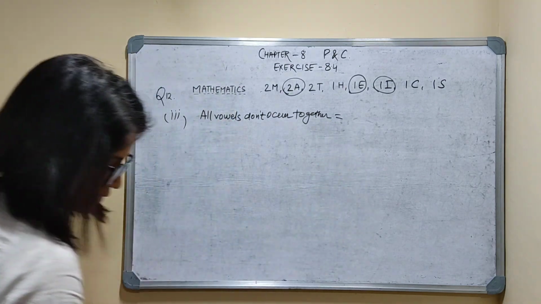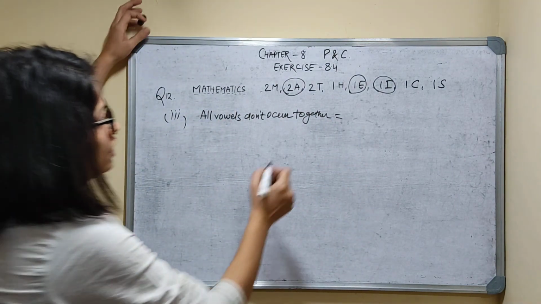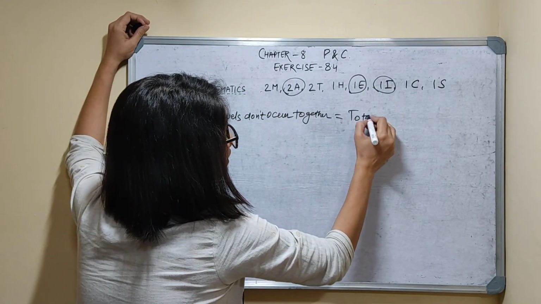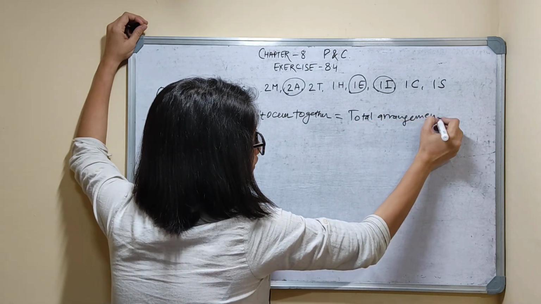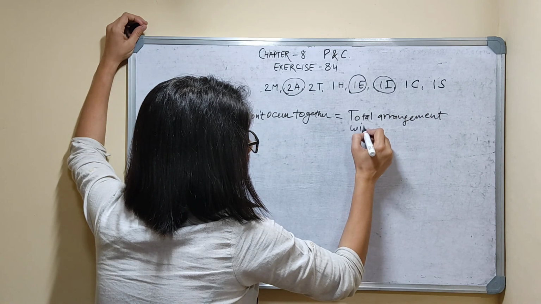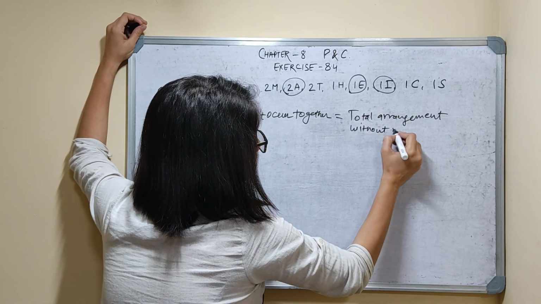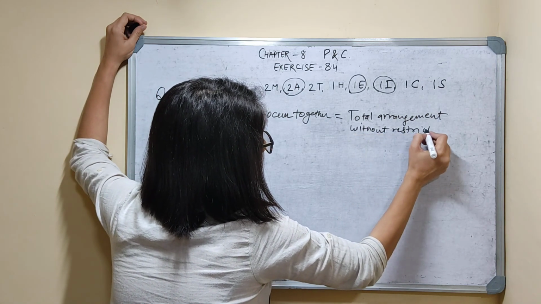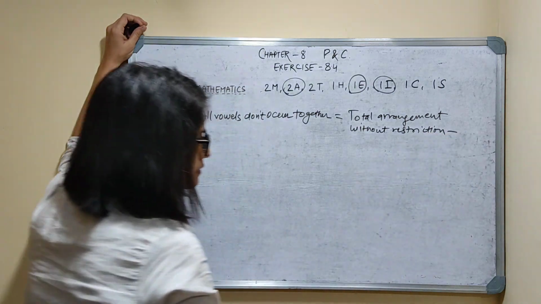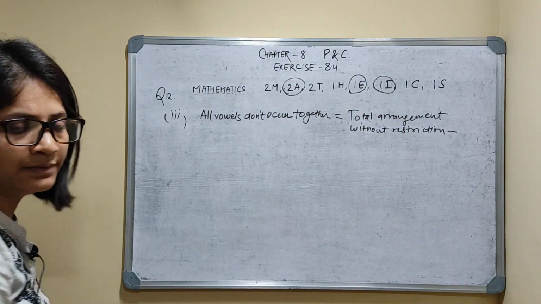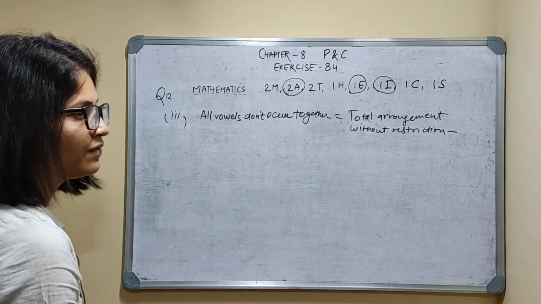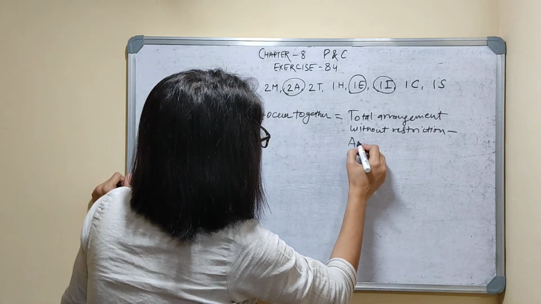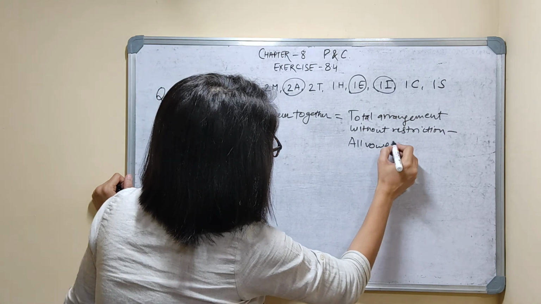How will you find it? Total arrangement without restriction minus the arrangements when all vowels come together. All vowels don't occur together, so total arrangement without restriction minus all vowels occur together.